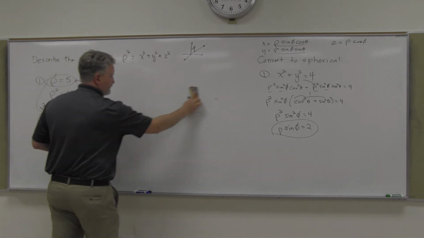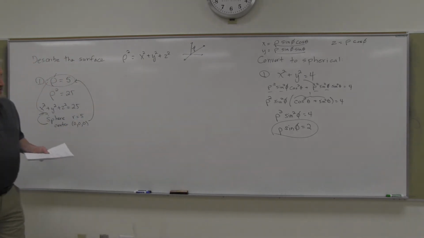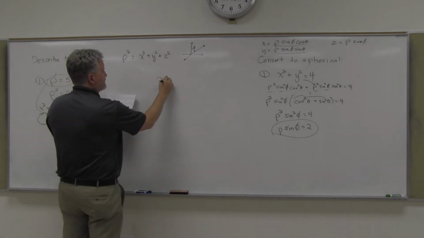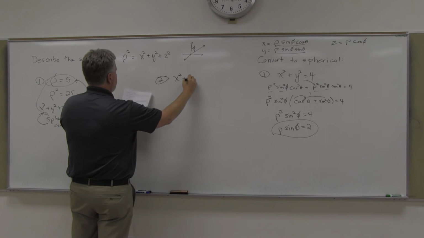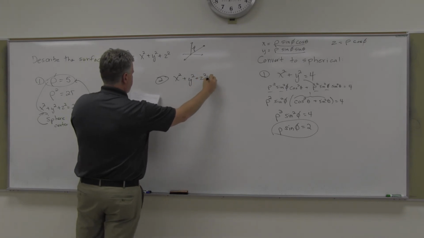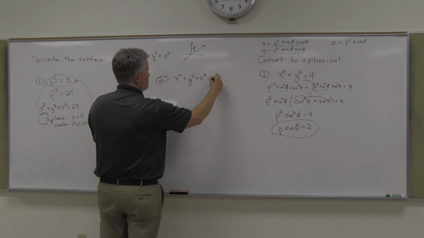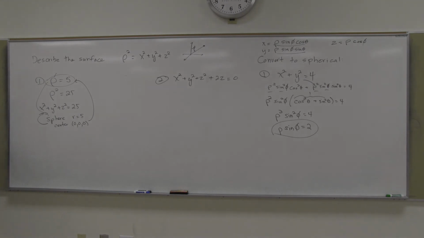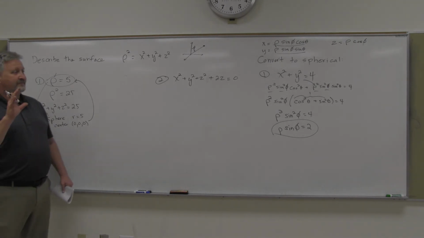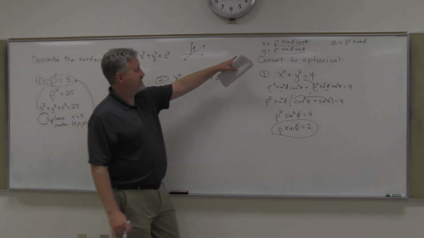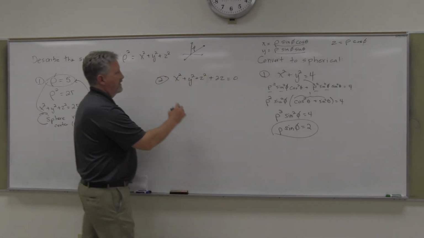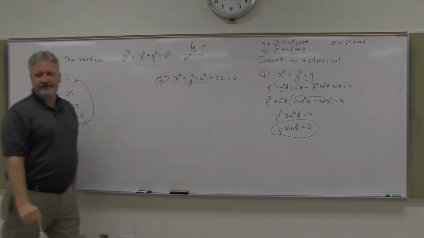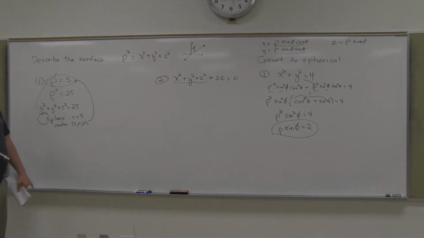We'll do some other stuff in a second, but convert this one to spherical: x squared plus y squared plus z squared plus 2z equals 0. On that one, we don't want to substitute x squared and y squared separately, because what does x squared plus y squared plus z squared equal in spherical? I've got it right there.